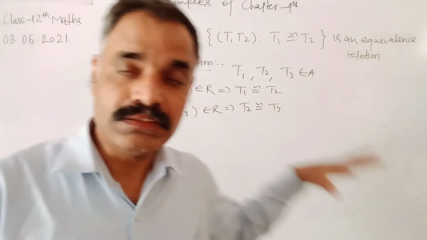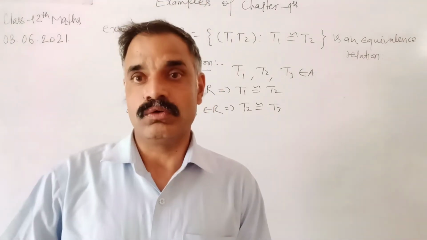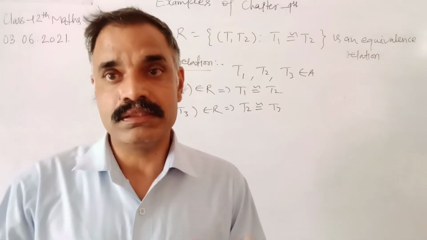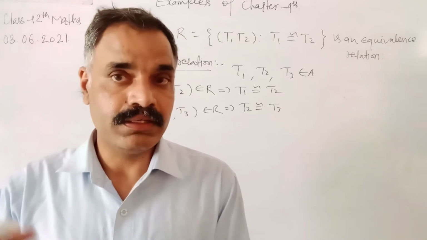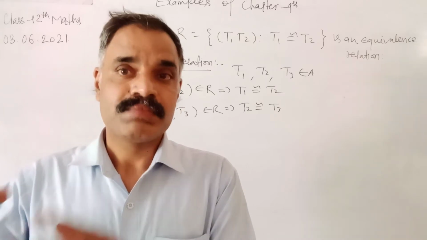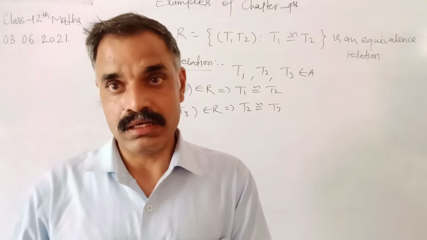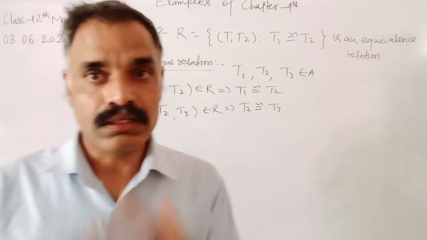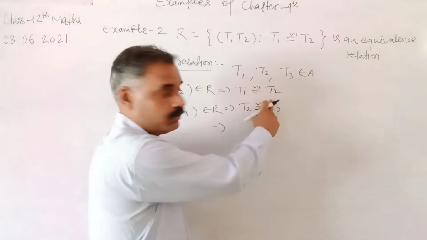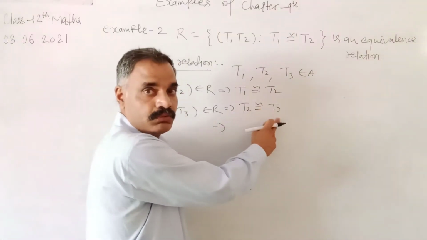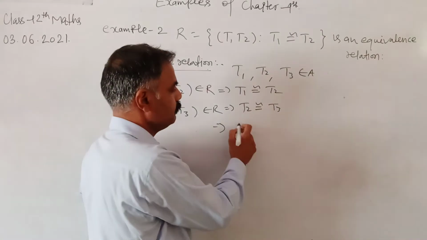Okay, this result is true. Now we have to show that T1 and T3 are also congruent triangles. When T1 and T3 are congruent, then (T1, T3) belongs to R and R will be a transitive relation. So T1 is congruent to T2 and T2 is congruent to T3. It means T1 is congruent to T3.